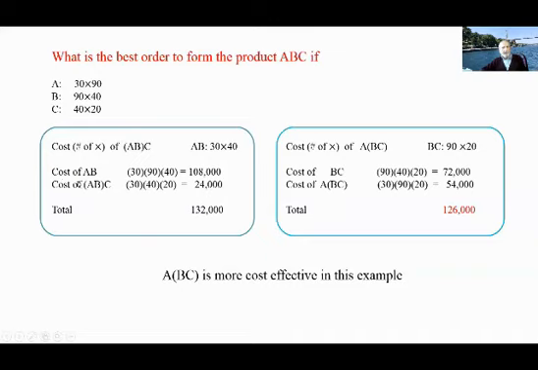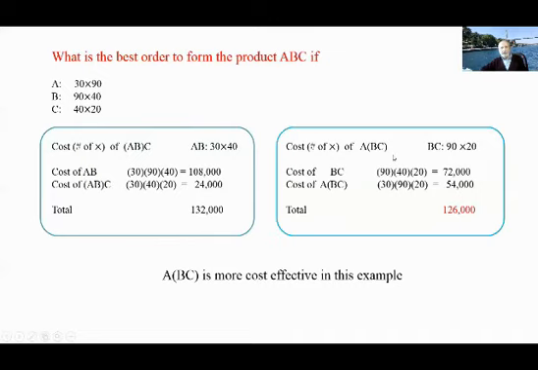So the cost of AB is 30 by 90 by 40. You get 108,000 multiplications. And then for the cost of (AB)C, you have AB, you multiply it by C, you get 30 by 40 by 20, 24,000 operations, total 132,000 operations.